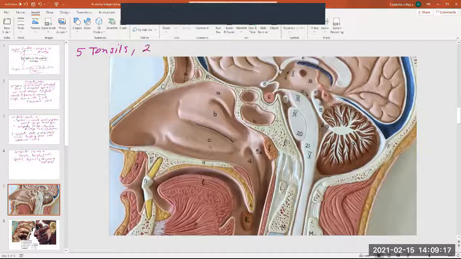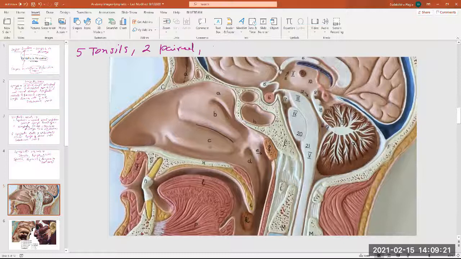Out of them, 2 are paired, meaning 2 pairs, 1 single. The single one is referred to as the pharyngeal tonsil. The pharyngeal tonsil is present at the junction of the nasal cavity and the space within your throat, which is referred to as the pharynx, hence the name pharyngeal tonsil.